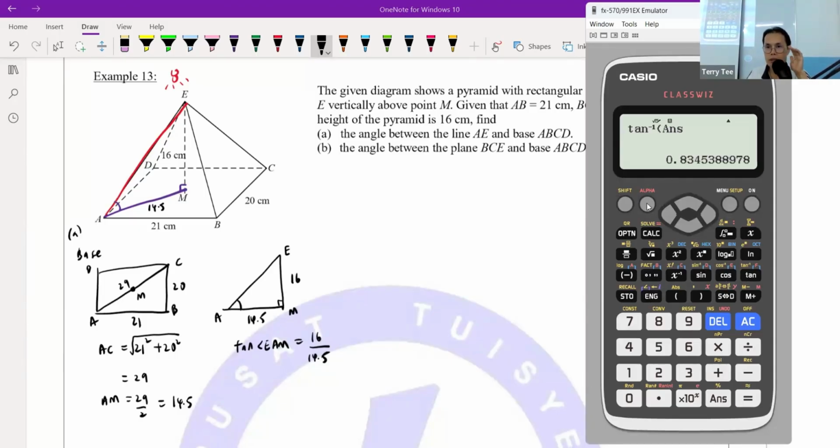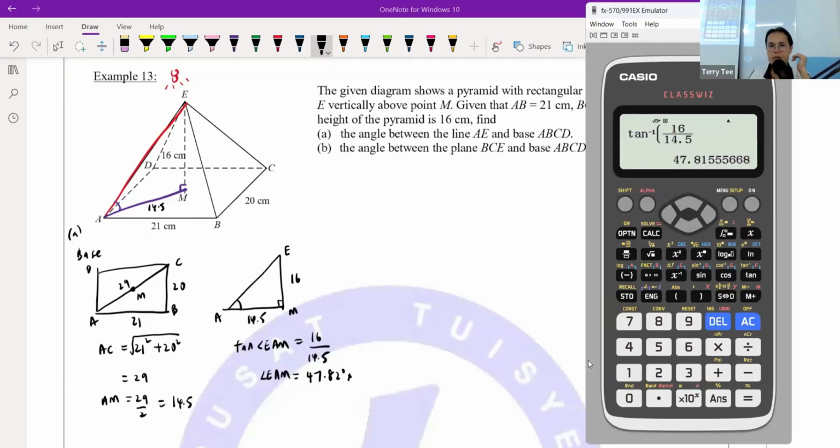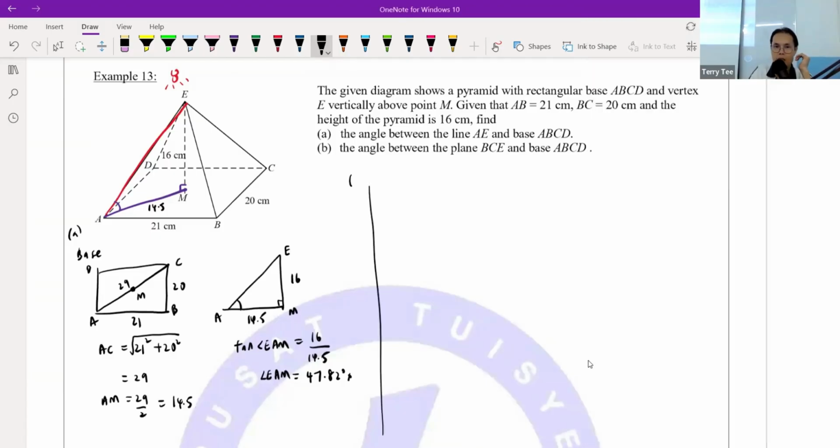Okay, sorry, my calculator is in radian mode. So please change your calculator to degree. Degree mode, shift tangent 16 over 14.5. That will give us 47.82. Yeah. So angle EAM is 47.82. Yeah, that will be angle between the line AE and the base ABCD. All right, that's first part.